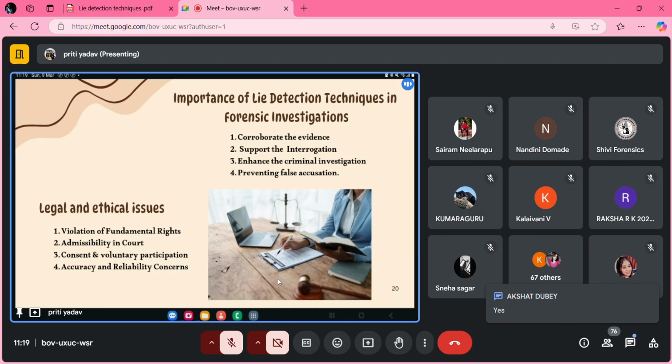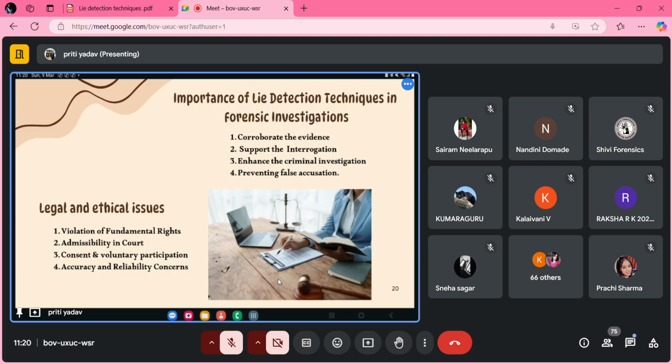If a suspect denies being at a crime scene, but the deception detection test indicates stress when questioned about it, then investigators can focus on collecting CCTV footage to confirm the claim. And next, it supports the interrogation, enhances the criminal investigation, and also prevents false accusation.